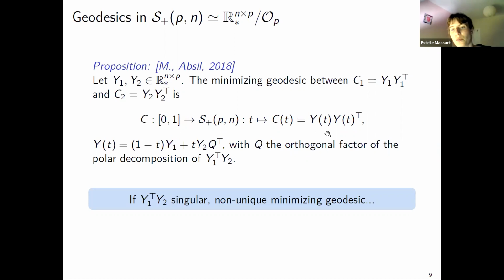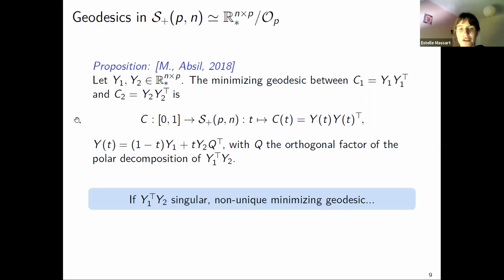Just compute Y of t times Y of t transpose, where Y of t is obtained as a linear combination between Y1 and Y2 Q. And this Q is there to move Y2, the representative of the second equivalence class, as close as possible to the representative that was taken for the first equivalence class. So essentially we have here a Procrustes problem, and the solution is well known. Q is the orthogonal factor of the polar decomposition of the product Y1 transpose Y2. And so that was a nice result.